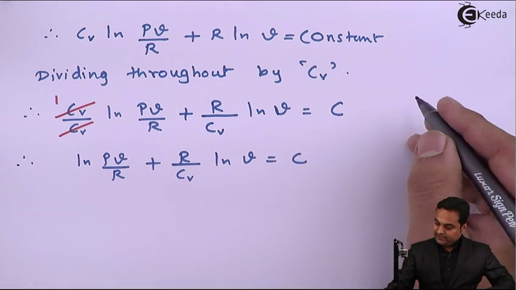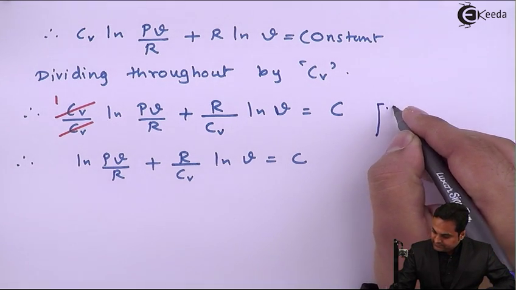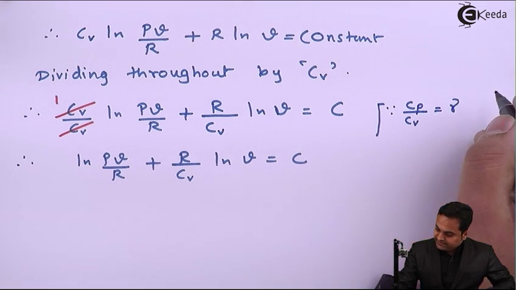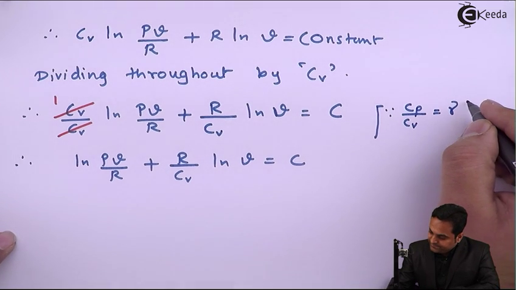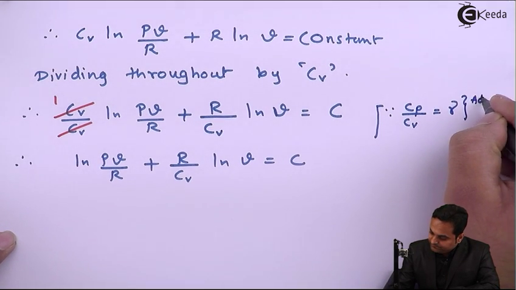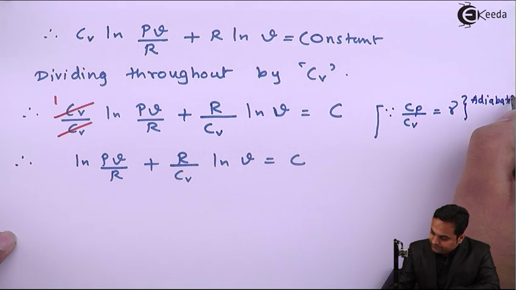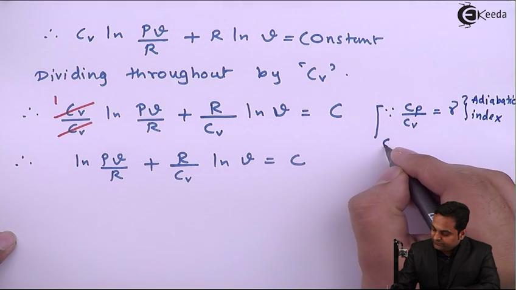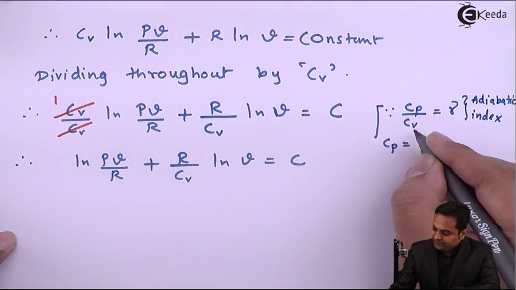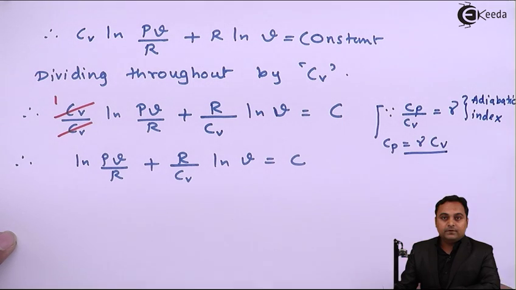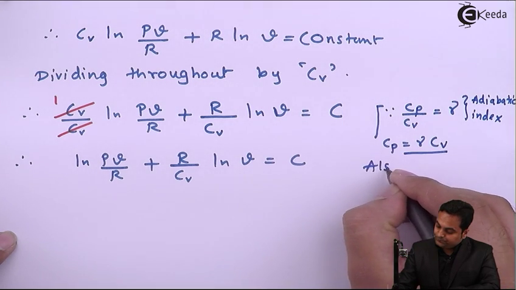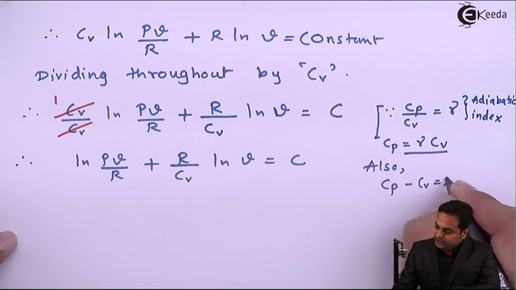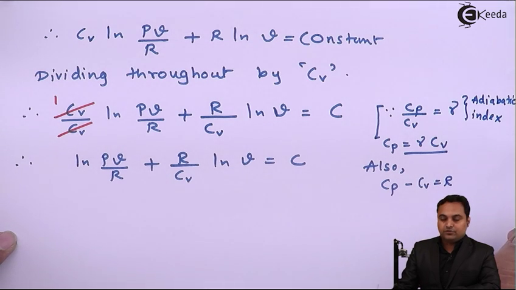Next, I'll explain another relation here, that since Cp upon Cv is called gamma, which is the adiabatic index, therefore Cp will be equal to gamma into Cv. Also, Cp minus Cv is equal to R, which is called the characteristic gas constant.